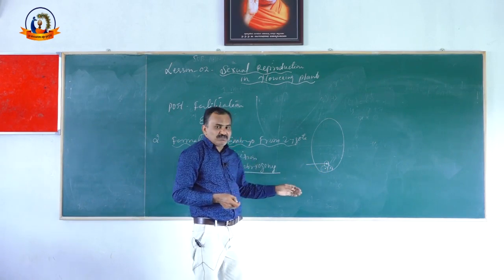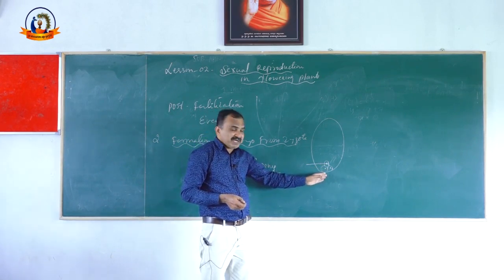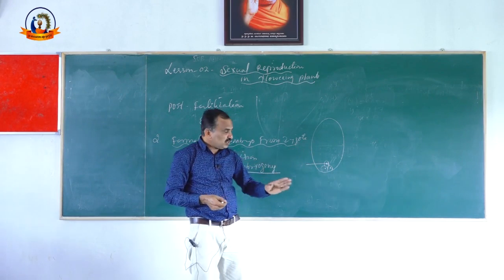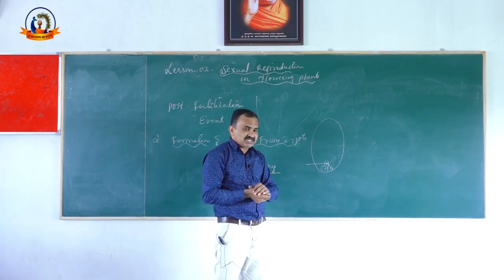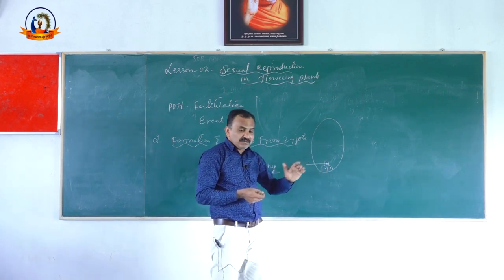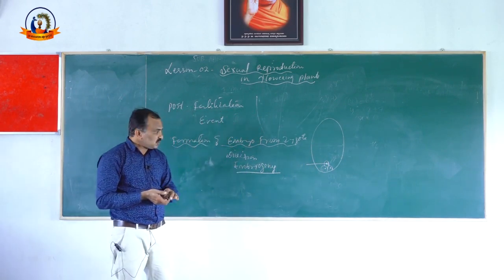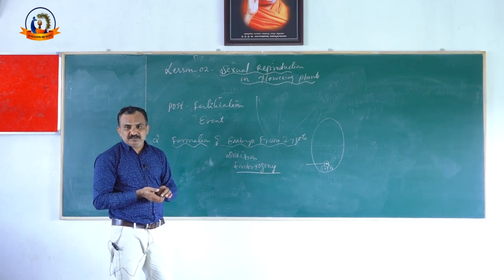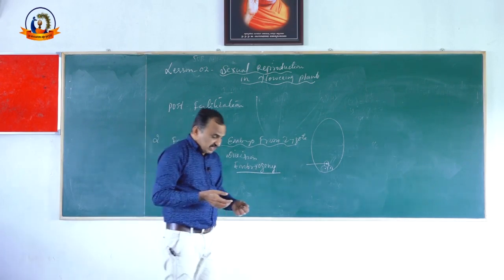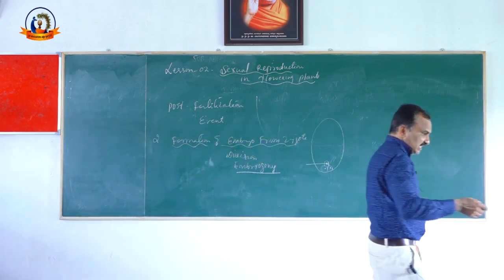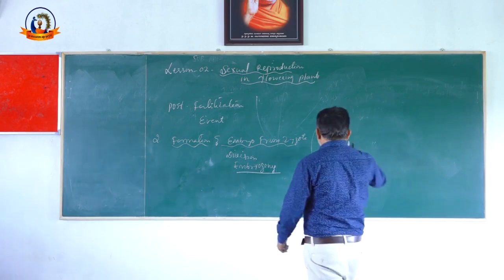This embryo is developed at the micropylar end of ovule. This is the micropylar end. At the micropylar end, embryo is developed from zygote. The process is called embryogeny, right? This embryo undergoes a resting period before it germinates.